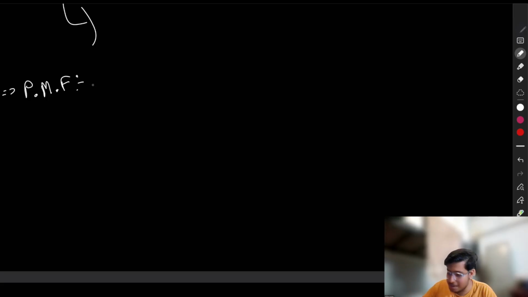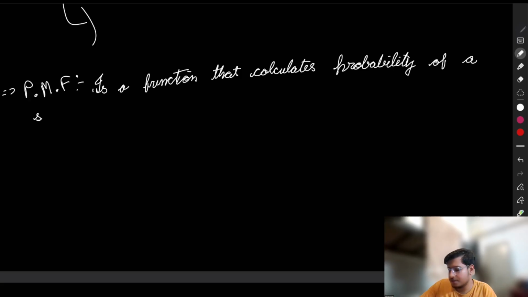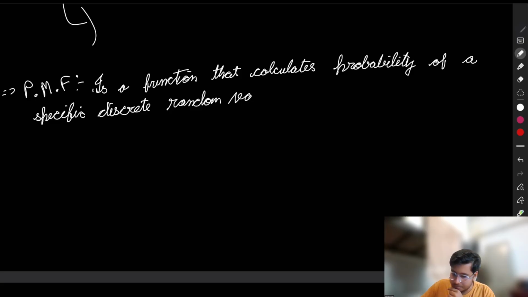Probability mass function is a function that calculates probability of a specific discrete random variable.